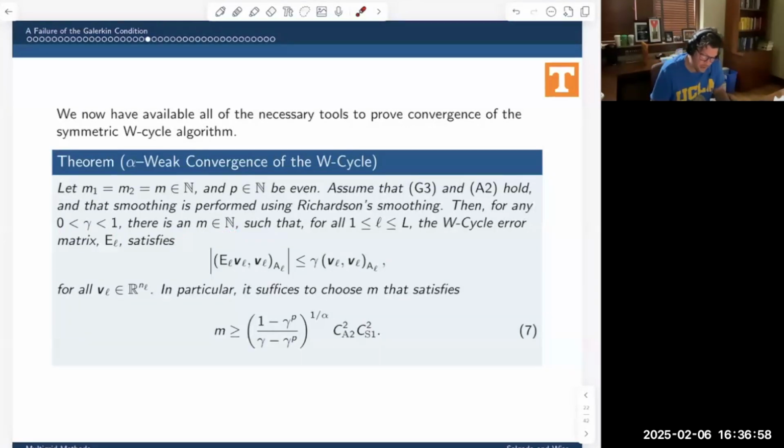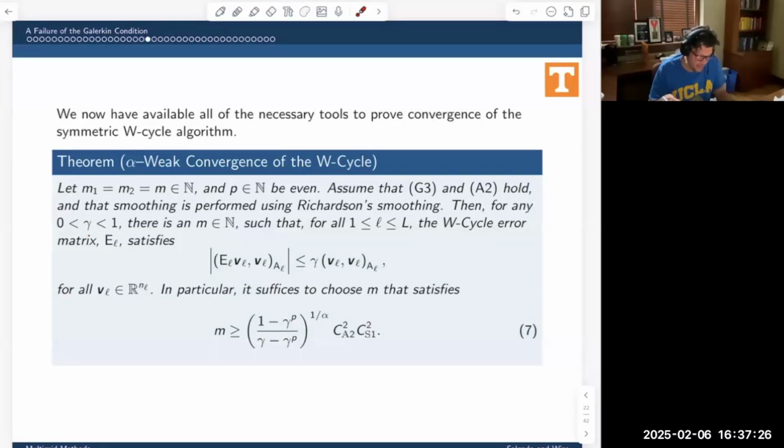such that for all L, the W cycle error matrix satisfies that. In particular, it suffices to choose an M that satisfies this condition, and then we'll get our convergence. So M has to be bigger than this amount. Okay, how big is that amount? I don't know. Let's throw some numbers at it. Suppose that I want to choose gamma to be 0.5.